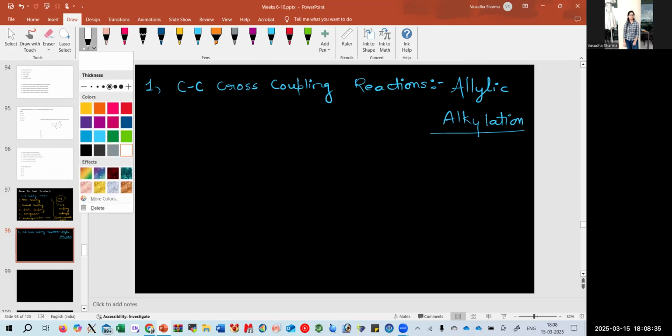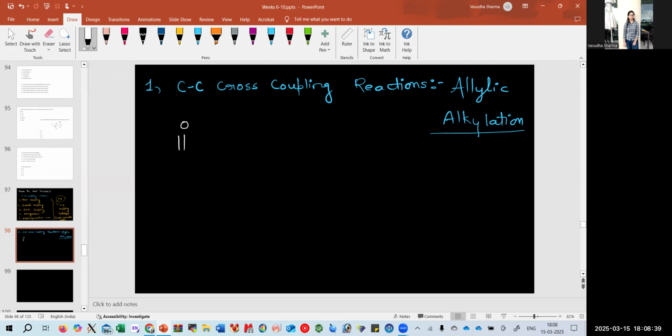So we can consider what an allylic bond is, for example. When three atoms are involved, this particular position is your allylic position. Here this is your carbonyl group, and this is your alpha position, so this is called an alpha carbonyl.